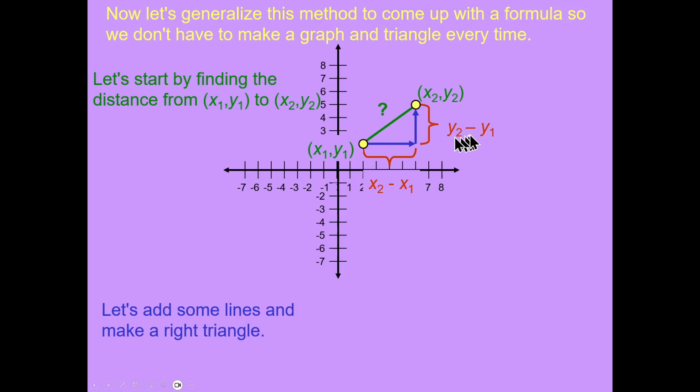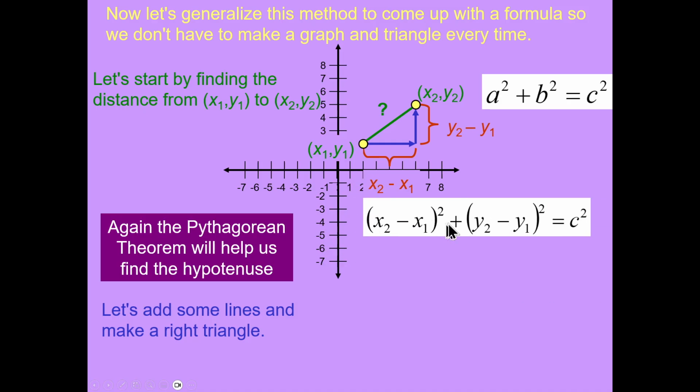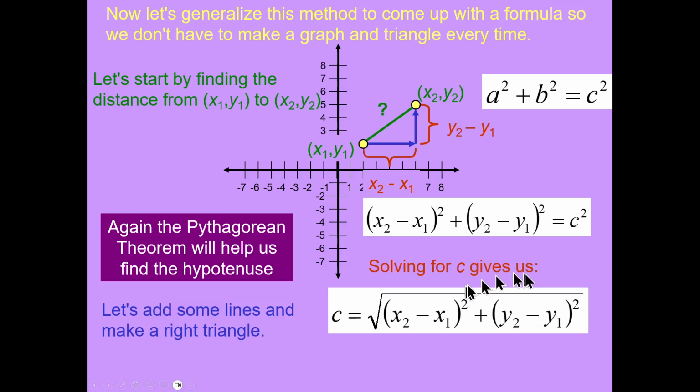So we can have this difference squared plus this difference squared give us the distance squared. To find the distance, we take the square root of both sides.